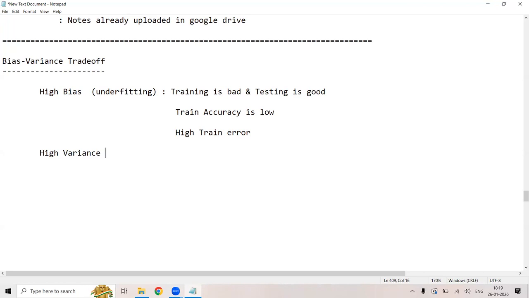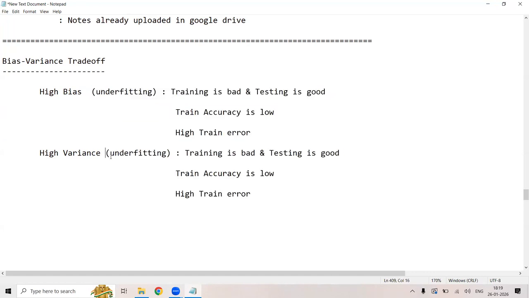High variance is just opposite to this, which is the overfitting problem, where training is good, meaning train accuracy is good and you are having low train error, but testing is bad. So these are the two different types of problem we are having.